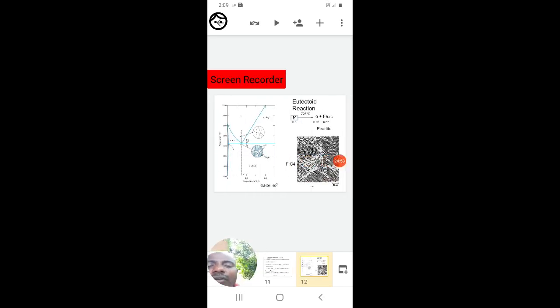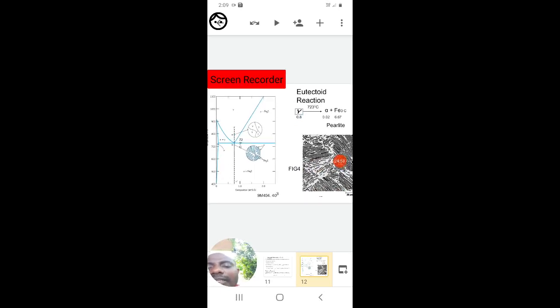The eutectic reaction is liquid giving rise to cementite plus austenite. The eutectoid reaction is one solid, austenite, giving rise to ferrite plus cementite. These are all the invariant reactions.